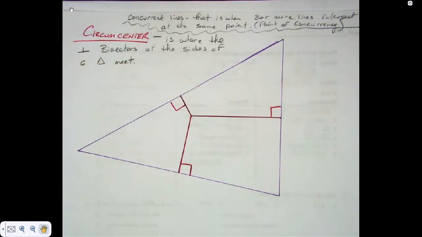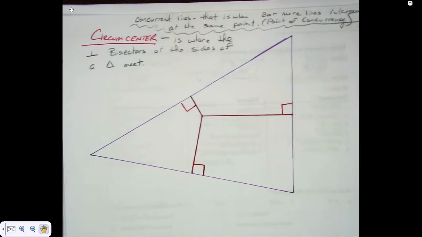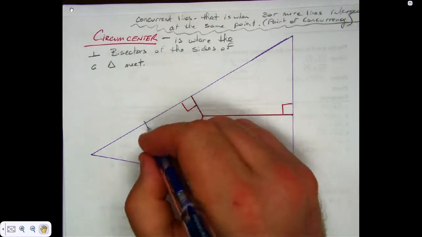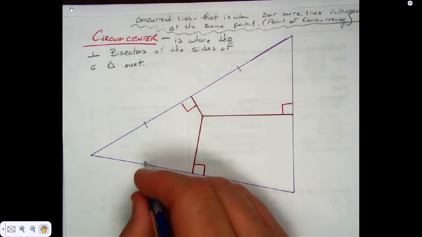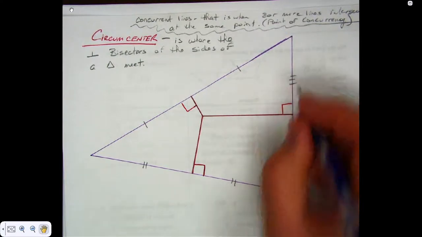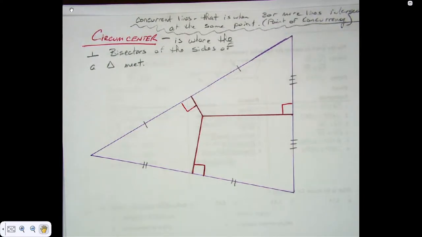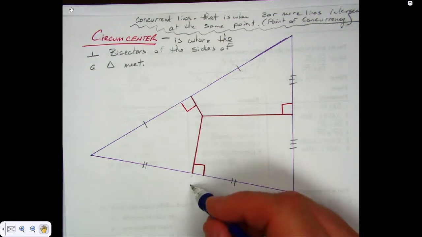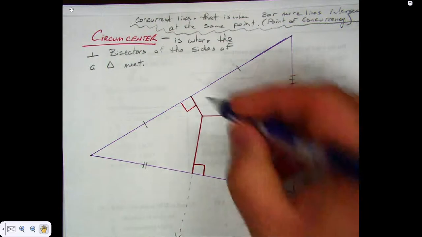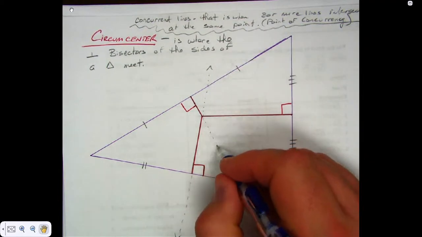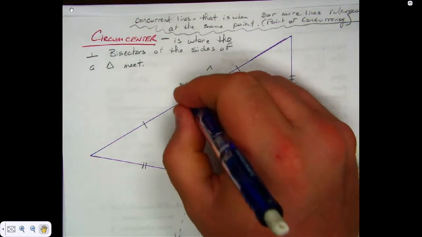Now, if you look at these, is it not pretty obvious that these are in the middle for each one? Would you guys agree? And they're also what? Perpendicular. The reason I drew them like this is you'll see a lot of times in the book, this is how you'll see them. But if you were to extend these lines, they'd look like this, wouldn't they?